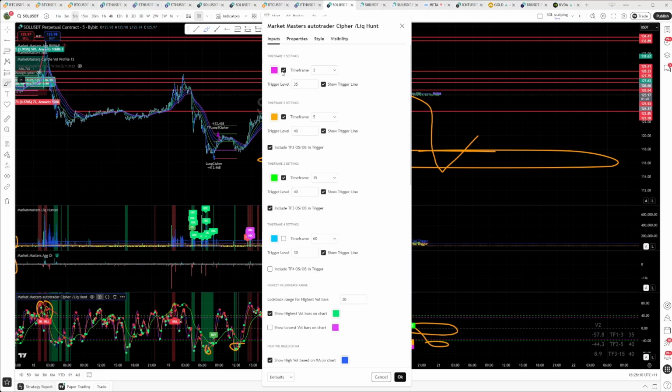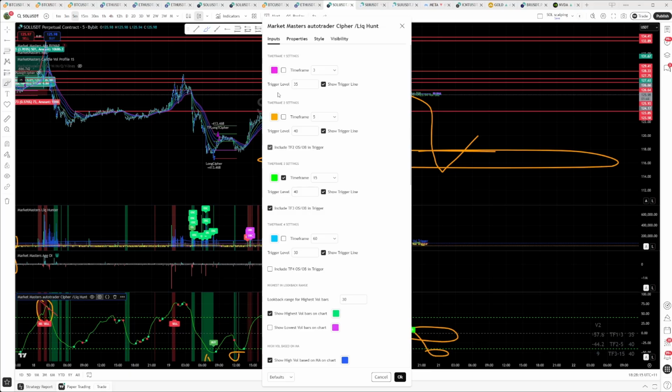So how this works is you can disable the different lines with those. This first time frame, you don't have an option to remove it because it's the trigger time frame. You can change that to a different time frame, but it's the one that starts the ball rolling as far as all the other conditions.